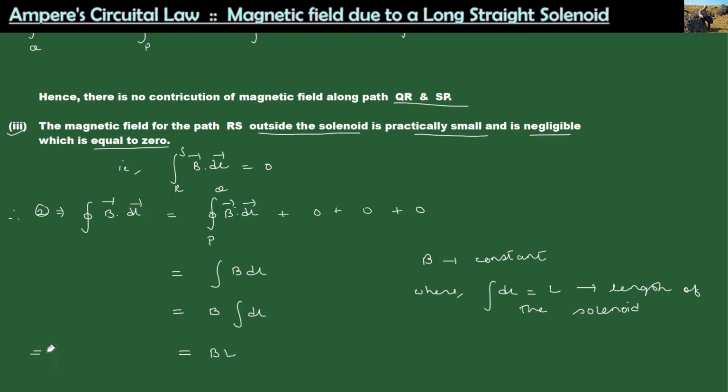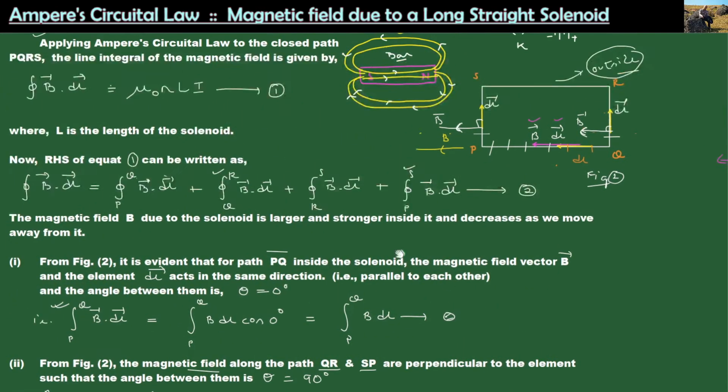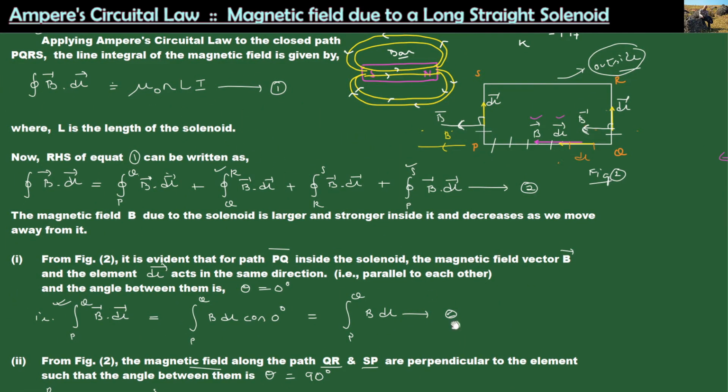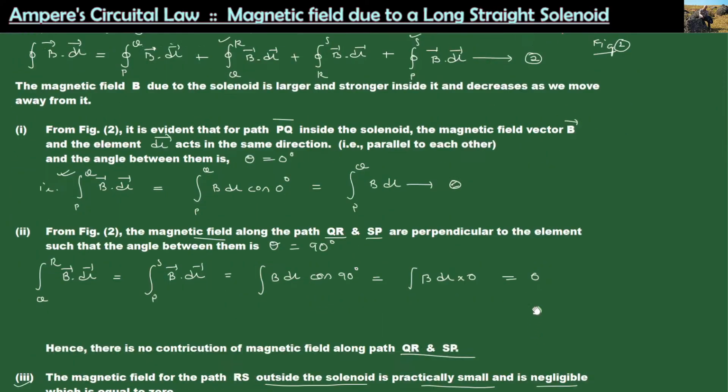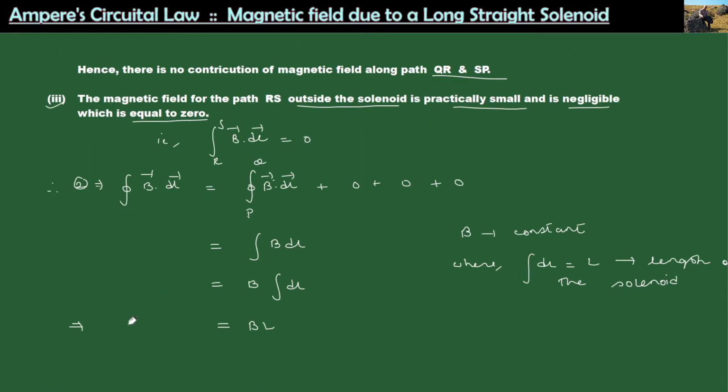Then what is this integration of B dot dl? If you look from equation 1, B dot dl will be mu naught n l I. This is by using equation 1, because we have applied Ampere's circuital law.